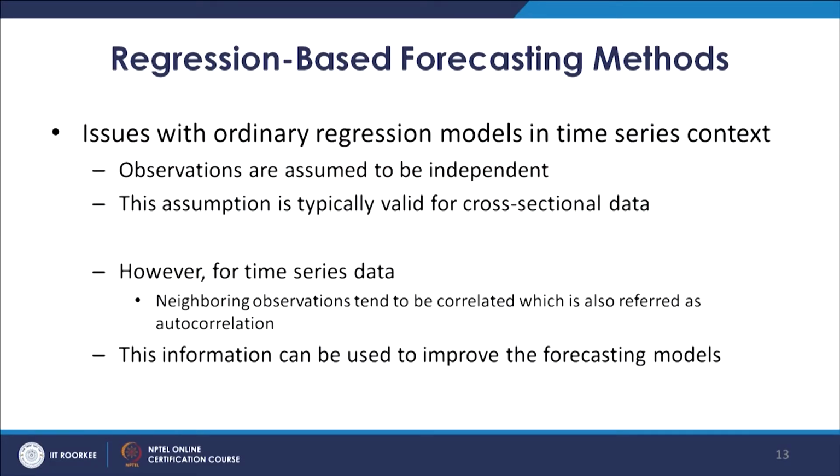Whenever we are applying an ordinary regression model, this is one of the underlying assumptions in all the multiple linear regression models: that the observations, the cases, are assumed to be independent. However, if we really look at the time series context, this assumption is typically not valid.